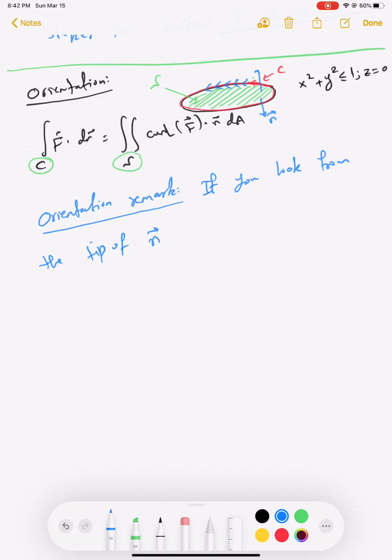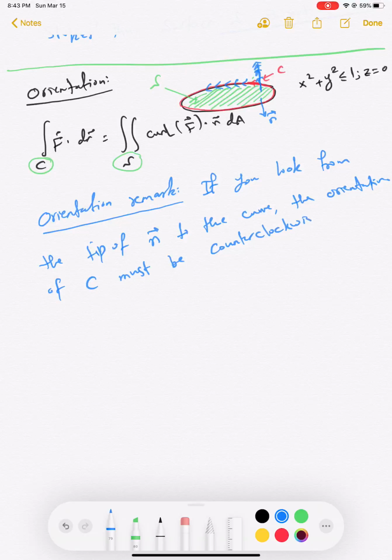For example, if this is your normal vector, you are this guy, standing exactly here. Now imagine you are standing there and you are looking at the curve. So if you look from the tip of n to the curve, the orientation of C, the curve, must be counterclockwise. This is the orientation we use for the normal vector and the curve C.